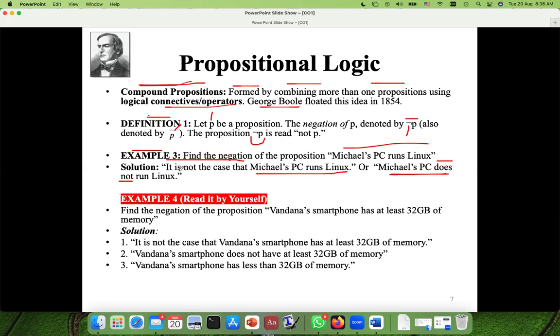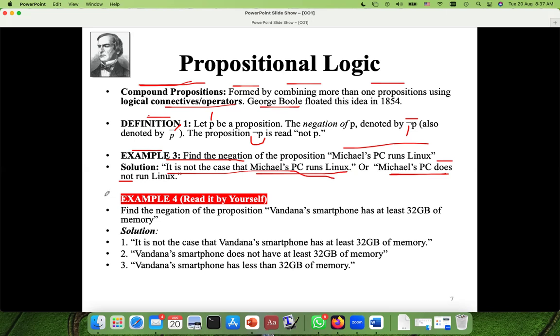Just write: it is not the case that, and then repeat that sentence, whatever it is, without does not. Whatever the proposition is given to you, if the question is find the negation, then write it is not the case that, and write that proposition, and then it is your answer. So this is one answer, and this is another answer. It is up to you which approach you want to adopt.